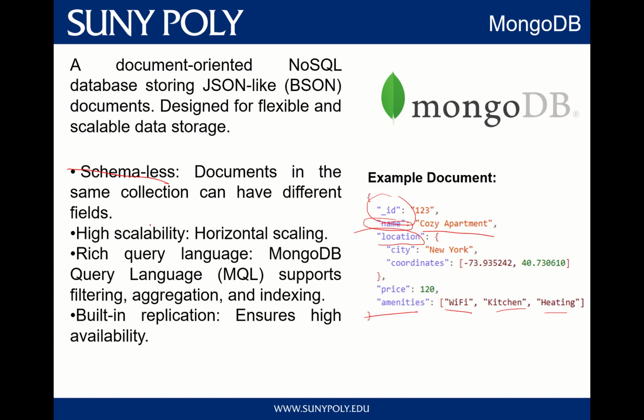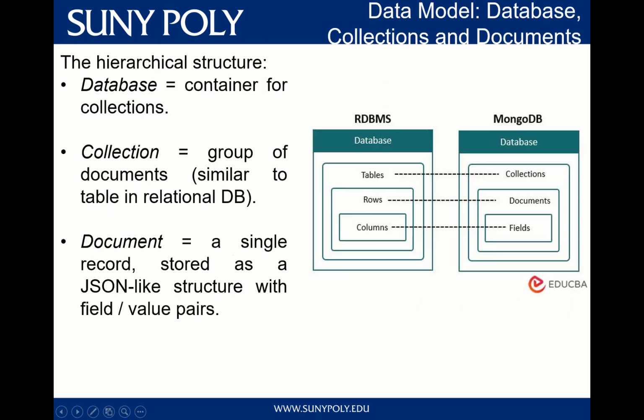So there is flexibility in the objects that are stored in the database. This brings some nice things, such as high scalability. We can replicate when we are spreading this data in different objects across a cluster of computers. Then it's possible to replicate easily compared to more rigid structures.